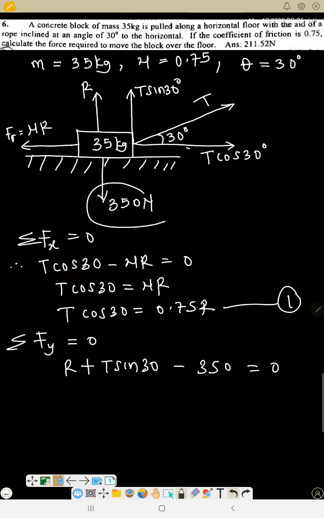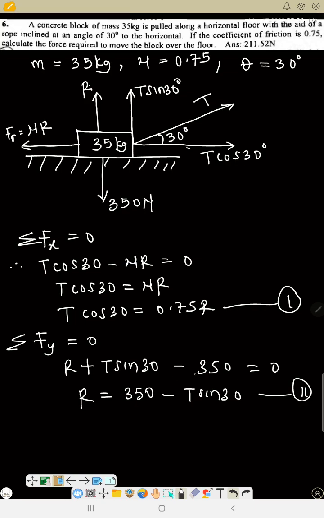Because this 350 is acting downward, R is equal to 350 minus T sine 30. Call this equation 2. Now anywhere you see R in equation 1, put this value there. So that is the substitution method.